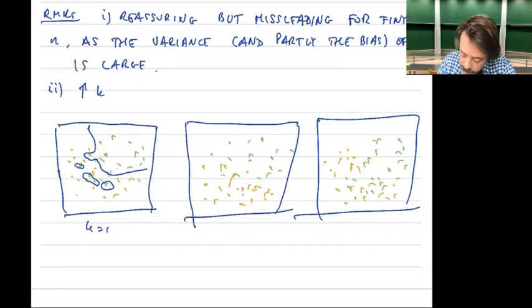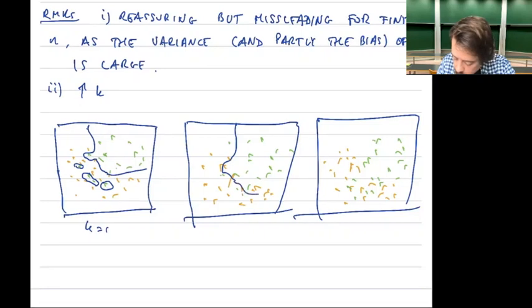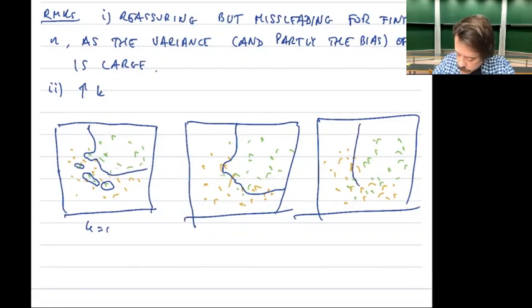Then if we increase the number of neighbors, maybe we'll do something like this. So this is k larger than 1, and this is k much greater than 1, yeah? So what we'll get is that the classification boundary will be simpler and simpler.